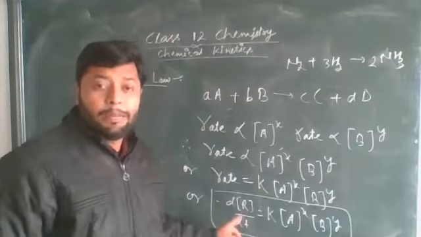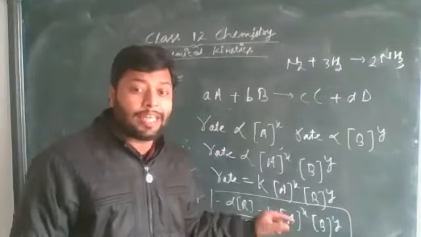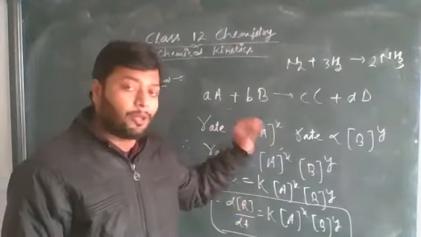This equation, minus dR by dt equals k [A]^x [B]^y, is actually called a rate expression for any given chemical process.